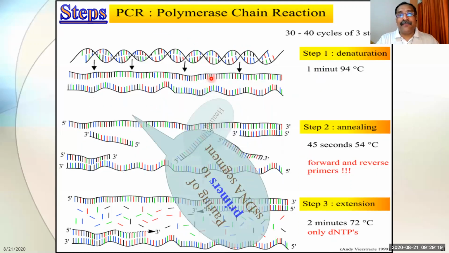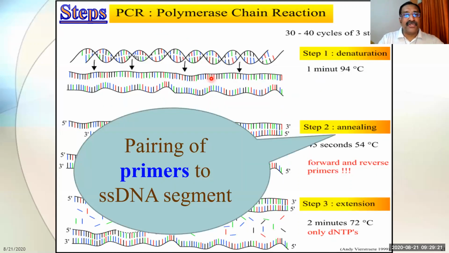now comes to the second position. What is second position? Look at them. Second position is called annealing. I'm extremely sorry here. Now the picture that is there is hidden by this bubble, so you cannot see that.